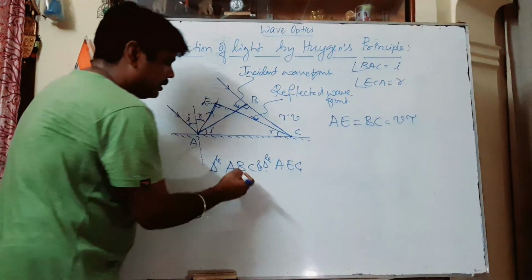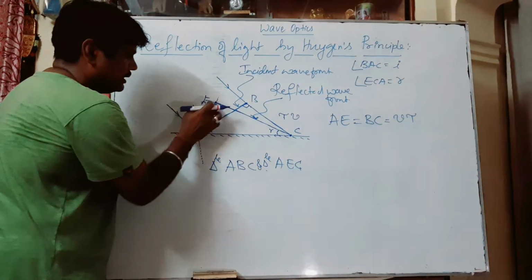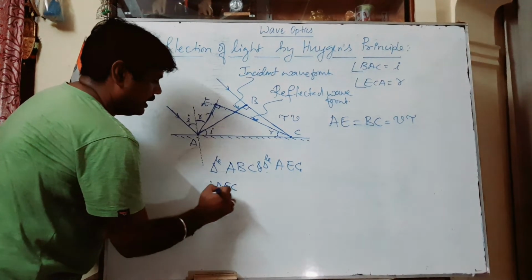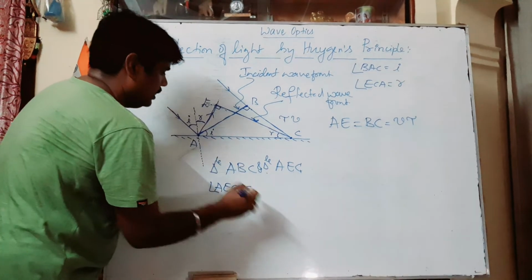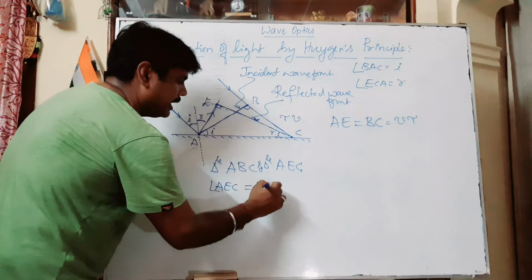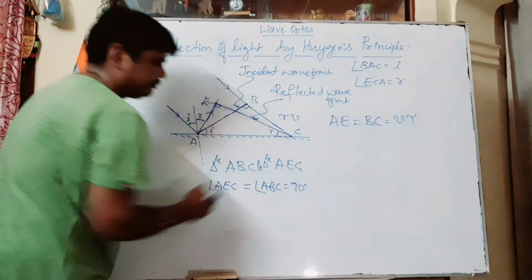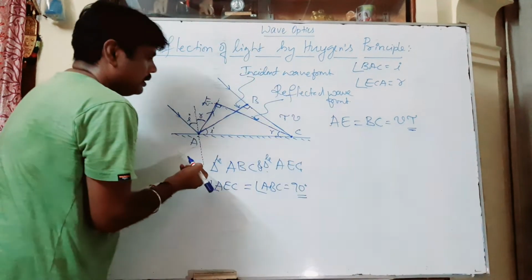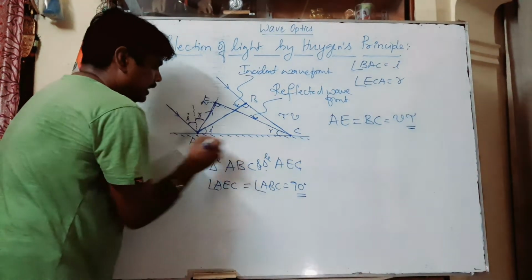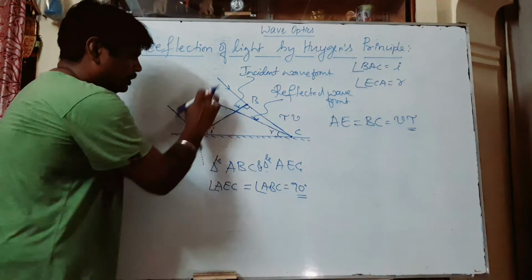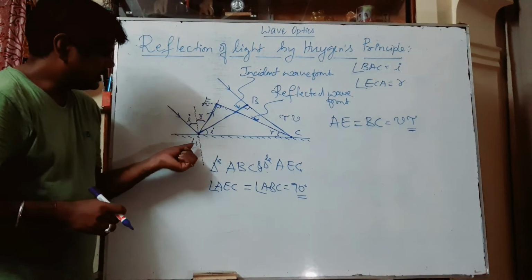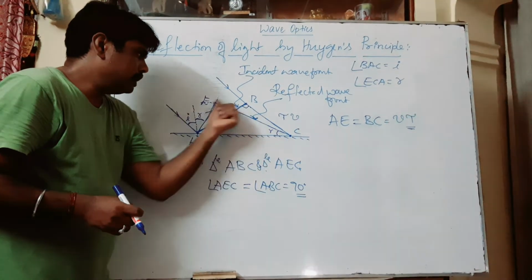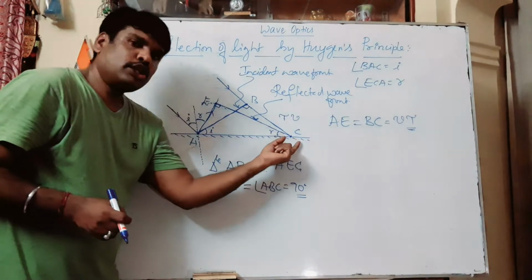So in the triangles, angle AEC is equal to angle ABC, which is equal to 90 degrees. Since the angles are the same and the distances are the same, and one more condition, for both triangles the side AC is common. For the first triangle ABC and the second triangle AEC, the side AC is common.